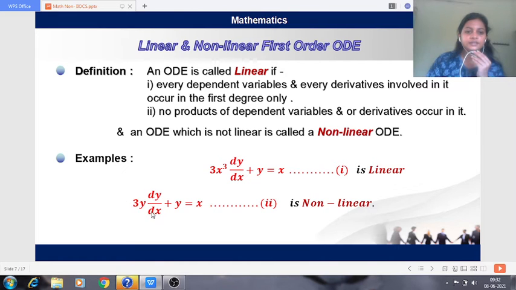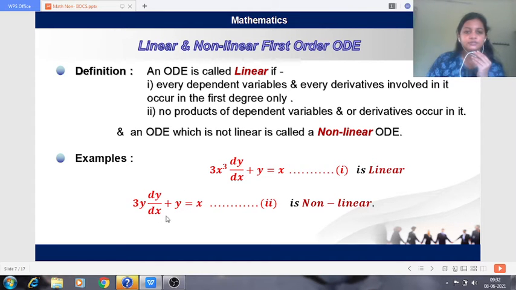But in the second equation, 3y dy dx plus y is equal to x.